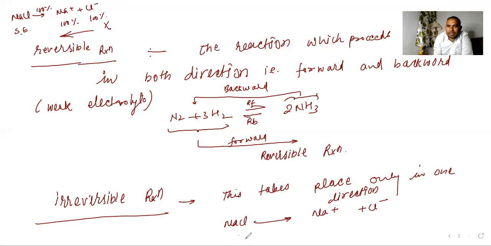If you have H2SO4, it also gives H plus 100% and HSO4 minus, provided the water is lesser in amount. If the water is too much in quantity, it may become a little bit reversible. Otherwise it is always irreversible, because both are strong, meaning it splits 100% into the products. So this is the condition of reversible.